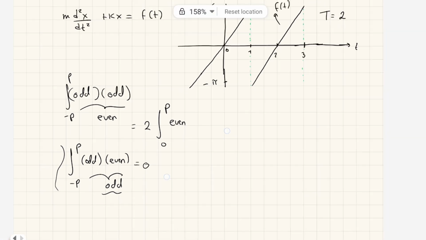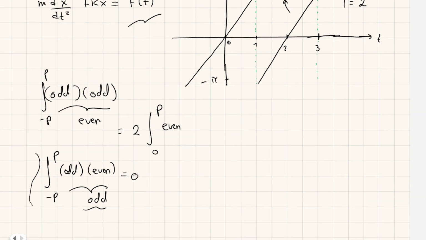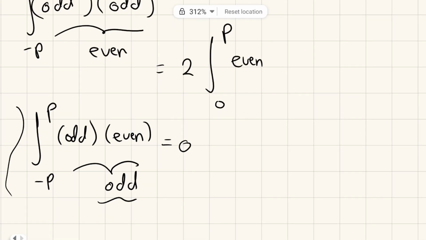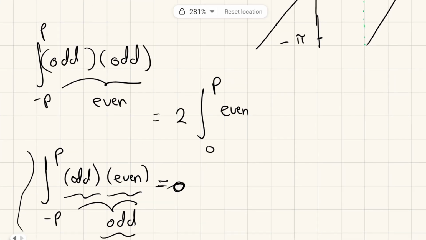This is important because when we take this function f of t into the Fourier series formulas, we are going to multiply f of t with the cosine function and the sine function. Since cosine is an even function multiplied by an odd function f of t, the result is going to be equal to 0. So we are going to take just the case when we multiply f of t times the sine function.